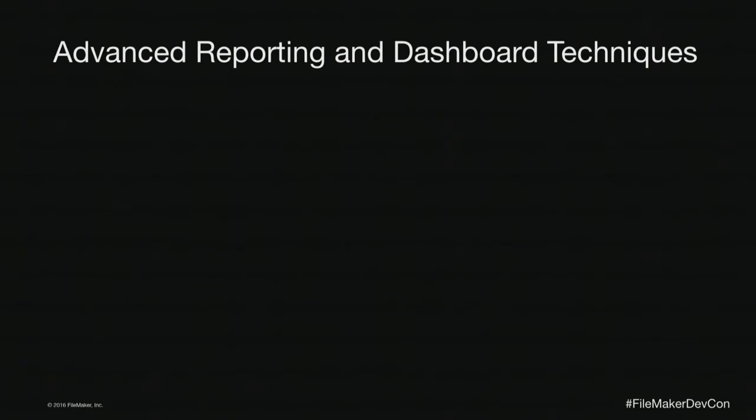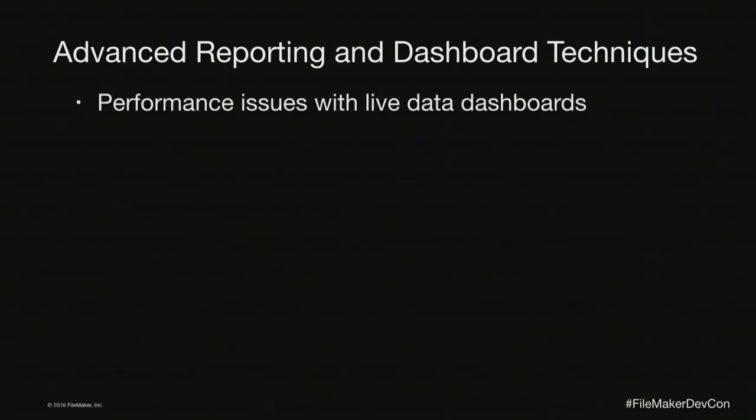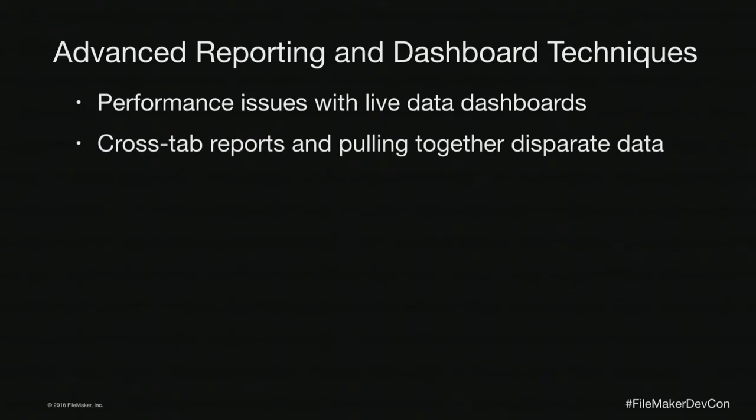So we're going to talk about advanced reporting. As I mentioned, first thing we're going to delve into is just improving performance for live dashboards in cases where you're pulling summary data in. We're going to look at some ways that you can actually make that performance a bit better. Then we're going to delve into the crosstab reports.